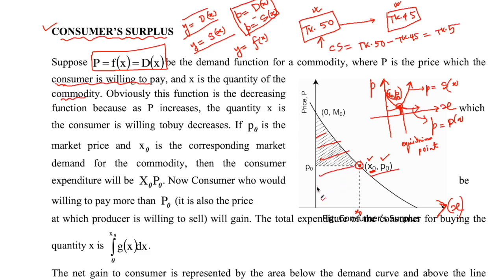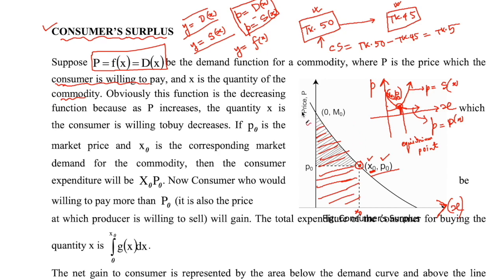This is the total amount of money consumers are willing to pay. If the market demand is x0, then this area is the total amount of money consumers are willing to pay. Does it make sense?